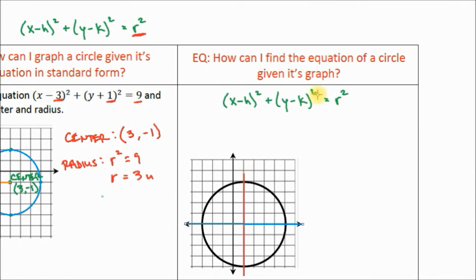So it appears to me that our center is right here, which happens to be, let's label that, our center, looks like it's at 1, 0. So the center's at 1, 0.